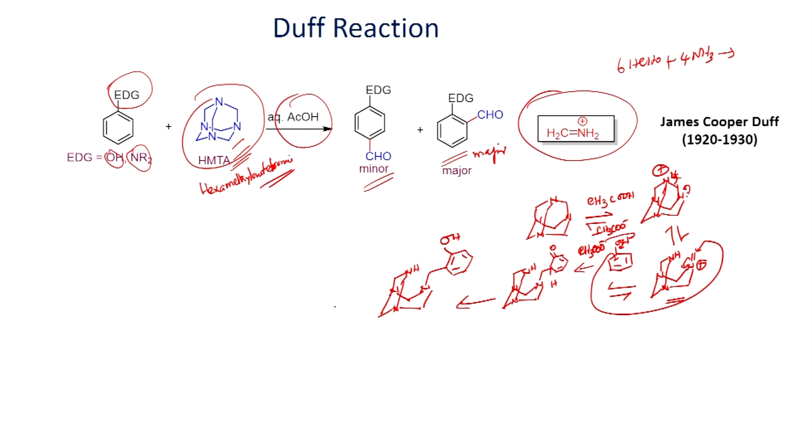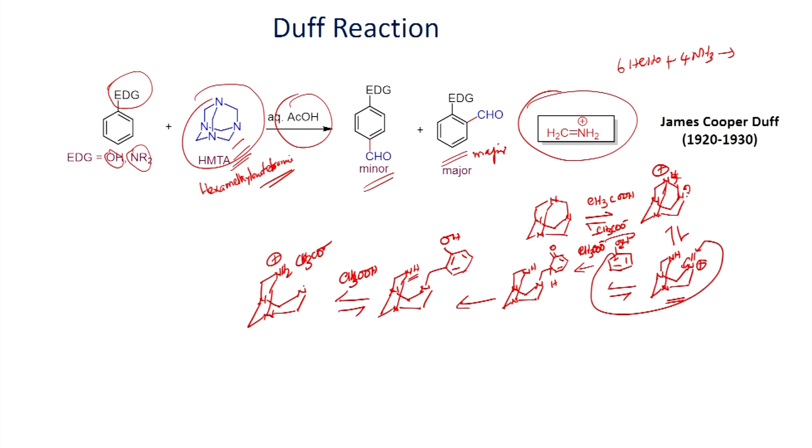Once you form this one, you again can react with acid. So, protonation of this secondary amine can give you this salt.